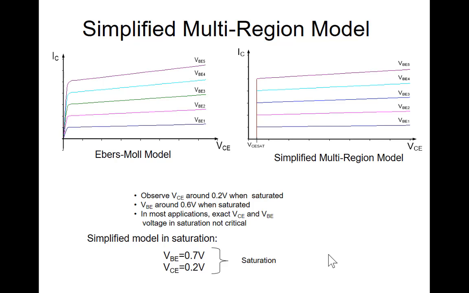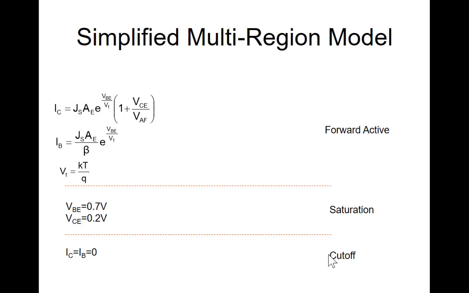If I do that, and those all go down at about 200 millivolts, a simplified model in saturation, a simplification of the Ebers-Moll model, will be VBE of about 0.7 volts. Remember, we forward bias the base-emitter junction. And then for the collector junction, VCE is going to be 0.2 volts. Not too bad of a model. Okay, so that's an approximation of what goes on in the saturation region for the bipolar transistor.